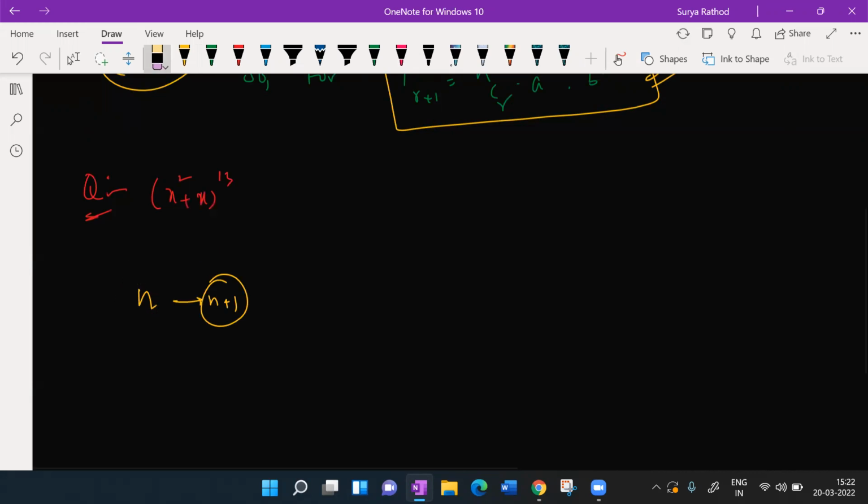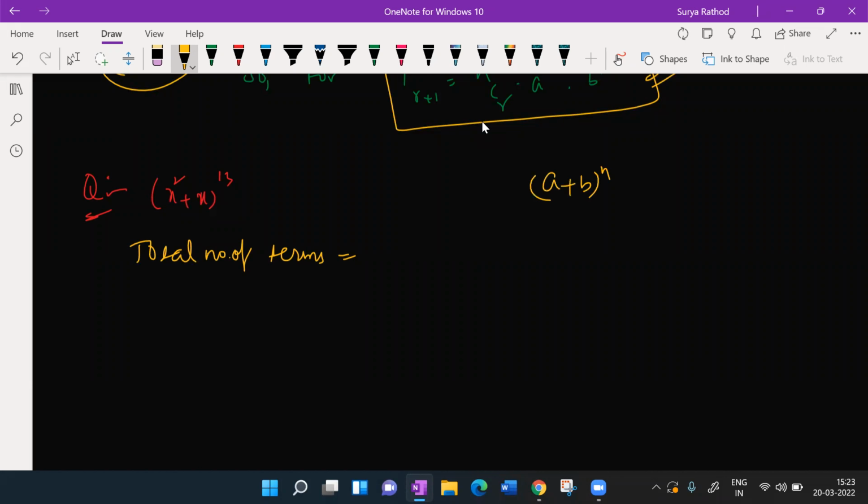So what is the power here? 13. So what is the number of terms now? If my power is n, then n plus 1 terms in total I'll be having. 13 plus 1.